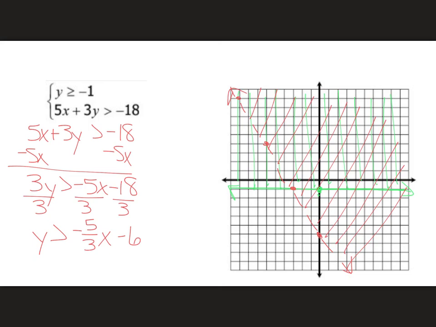So I want you to pause the video and give me one point that is in the solution area of this system. I picked the origin. It is in the area that overlaps, so 0, 0 is one of the many solutions to this system of linear inequalities.